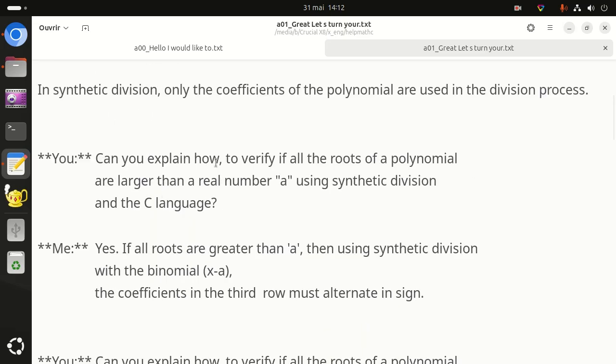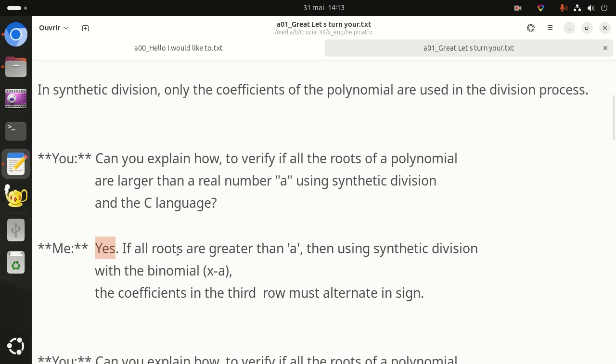Can you explain how to verify if all the roots of a polynomial are larger than a real number a, using synthetic division and the C language? Yes.